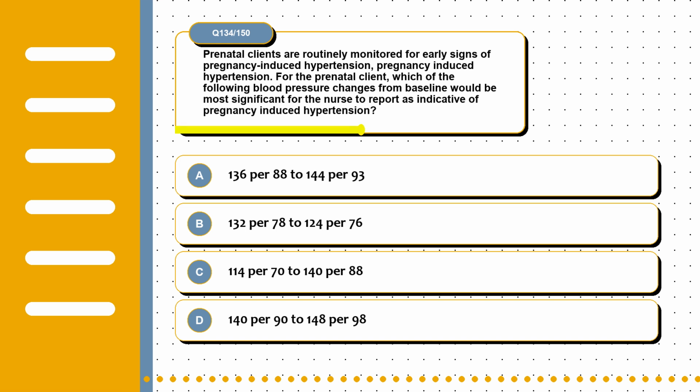Option A, 136 over 88 to 144 over 93. Option B, 132 over 78 to 124 over 76. Option C, 114 over 70 to 140 over 88. Option D, 140 over 90 to 148 over 98.